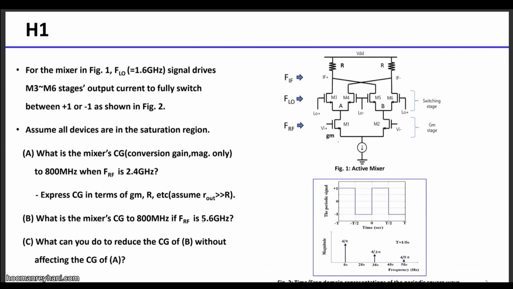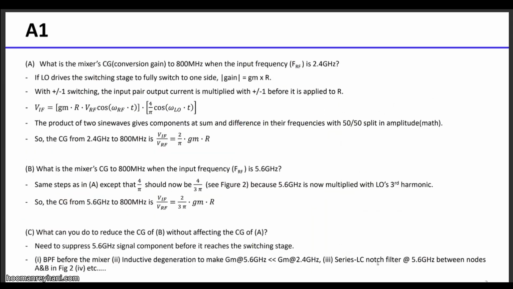That's the only time it can come down to 800 megahertz. Other terms will go to different frequencies. So in that case, you come to this square wave chart again, figure 2. And if you look at the third harmonic here, there's a 4 over 3 pi term. So it's just a scaled version. So this term will be mixed with the 5.6 gigahertz.